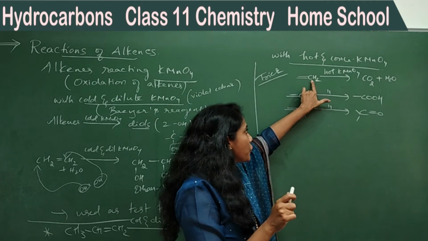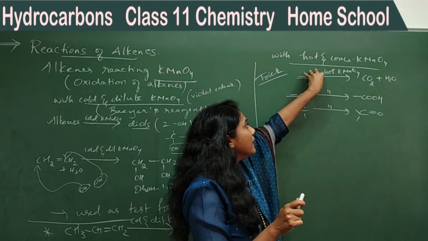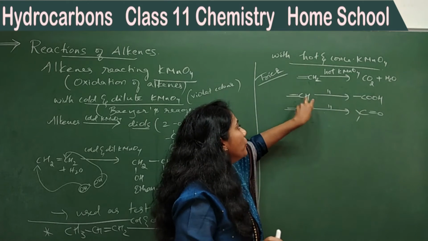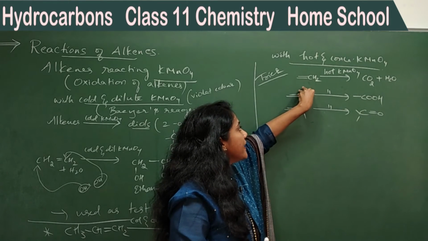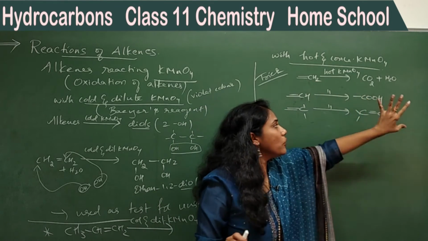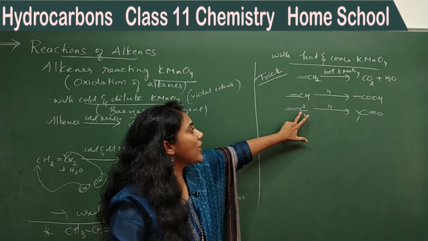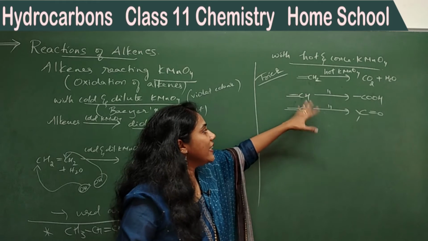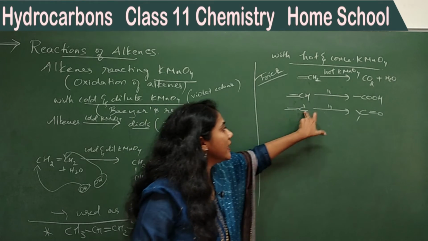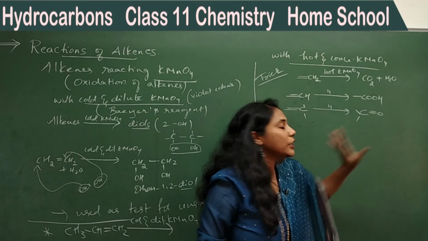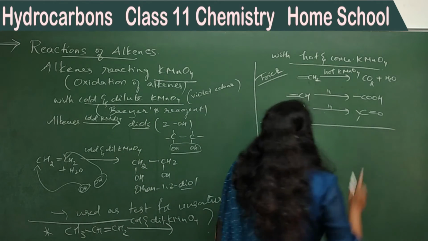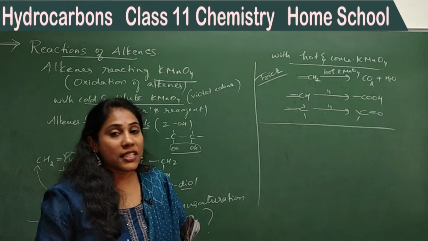Suppose you have =CH2, the entire piece gets converted into carbon dioxide and water. If you have =CH in an alkene, then this gets converted into COOH. If you have this type of carbon in an alkene, where you don't have any hydrogen atoms, then this carbon gets converted into a ketonic group. Okay, so now let us try to write the product for a few questions.